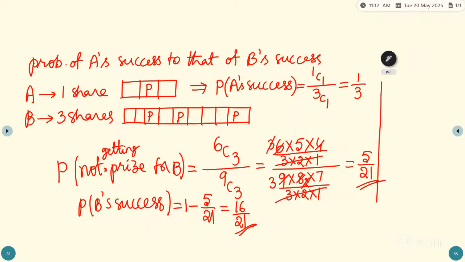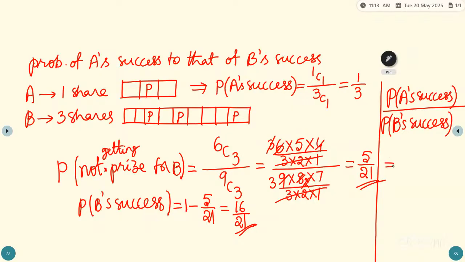So we are asked to find the probability of A's success divided by the probability of B's success. The comparison was asked.